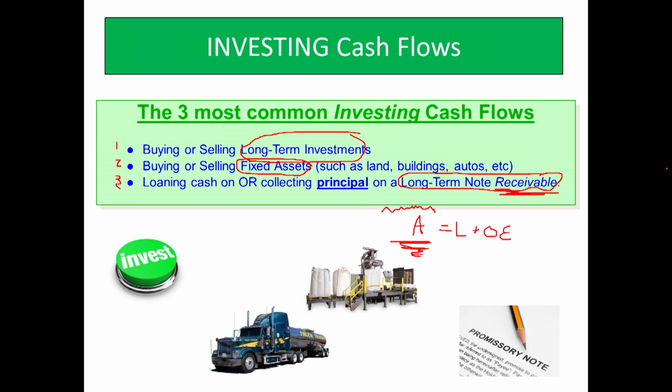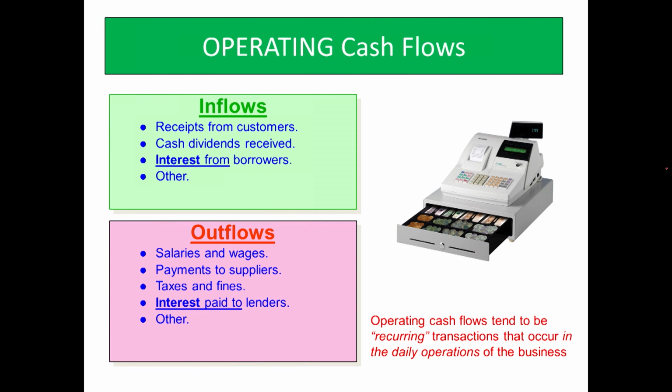Well, you probably know where I'm going here, but operating activities, these are the cash flows that tend to be the recurring, repetitive transactions that occur in the operations of our business, such as receiving money from customers, paying salaries and wages, buying inventory, paying suppliers, paying the taxes that we owe. Okay? Do you see how those things would occur a lot more in the daily operations? You with me?